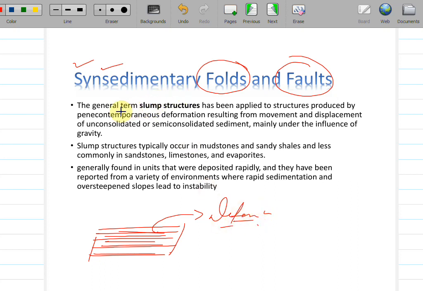Penecontemporaneous is the word which is being used here. Do not be scared of this word; it basically means the deformation is happening immediately after the deposition of the sediments.